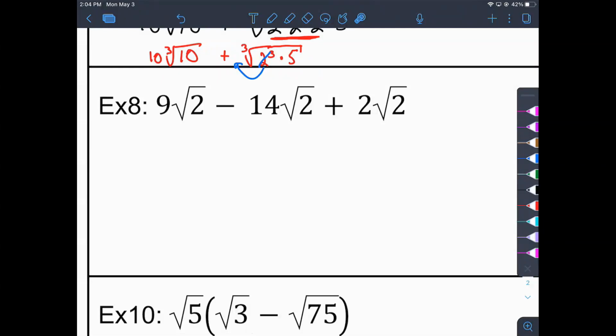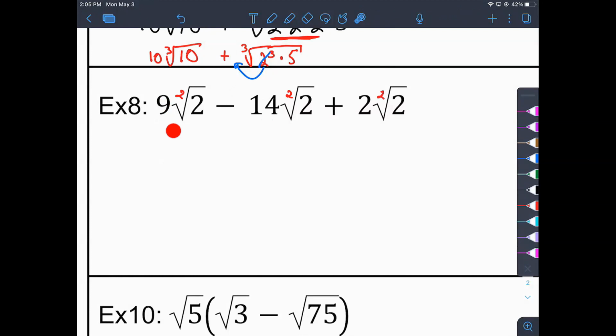I have a square root of 2, a square root of 2, and a square root of 2. They are all exactly the same radicands. They are all exactly the same index. So now I just get to mess with the numbers up front. What is 9 minus 14?